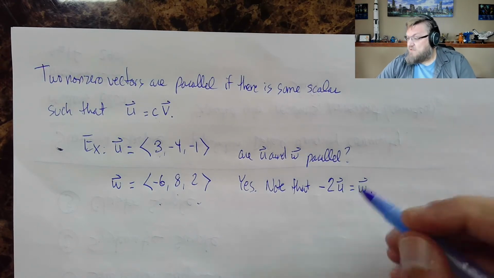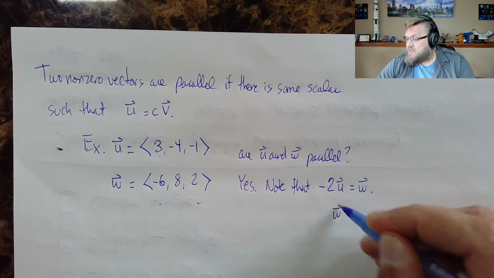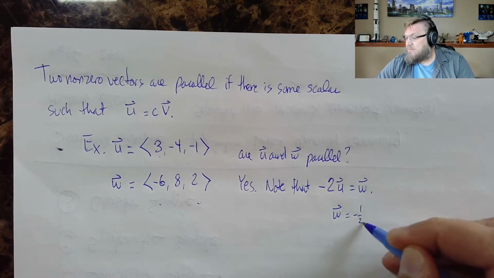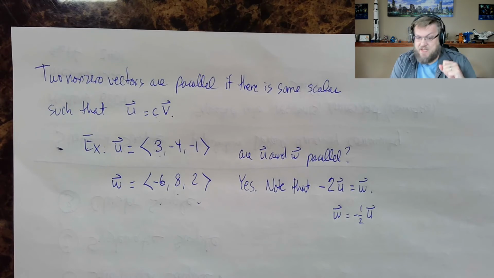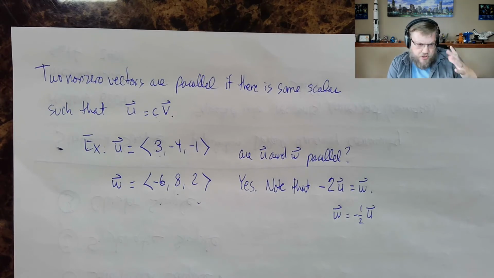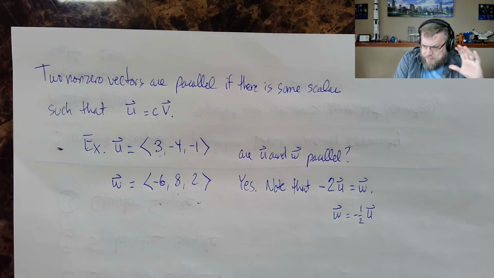You could also say this, right? You could have also concluded that w is -1/2 u. That would also tell you that they're parallel. Either one of those statements is good enough to conclude that they're parallel. The point being, I don't have to graph these. I don't have to get GeoGebra out and look at them and say, yep, they look parallel.